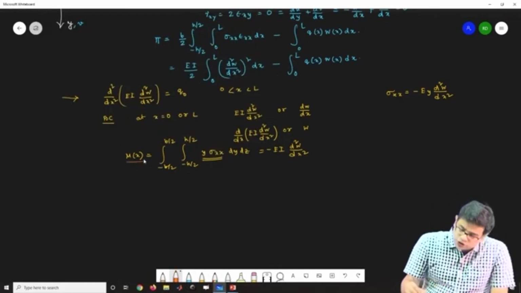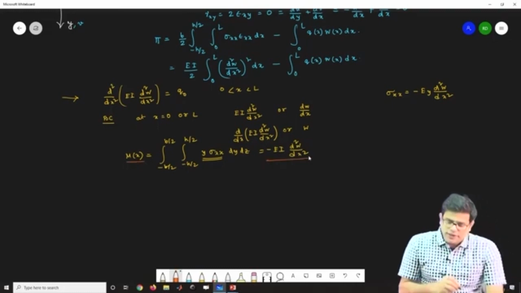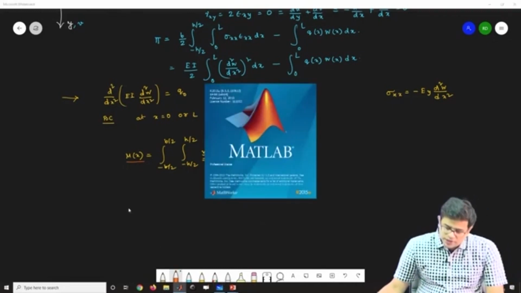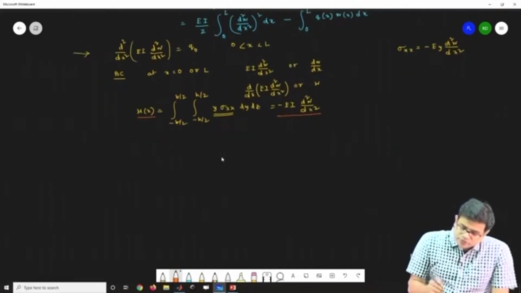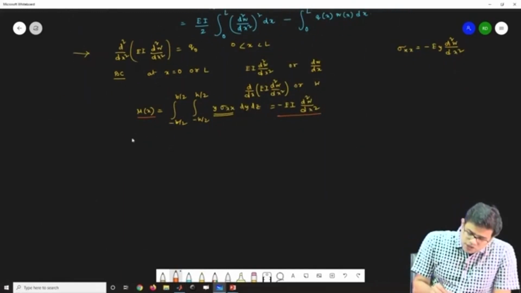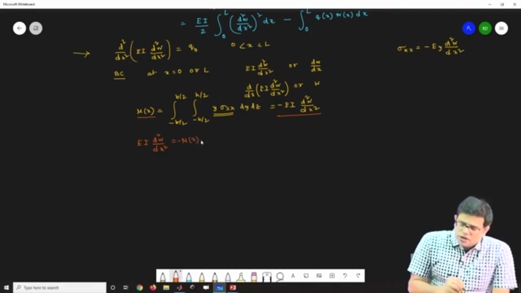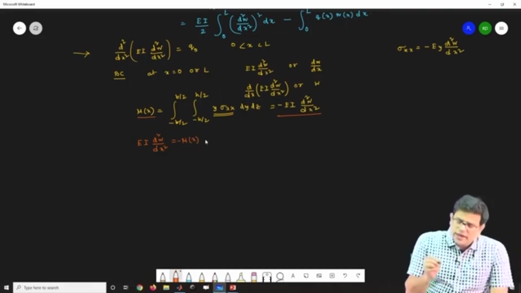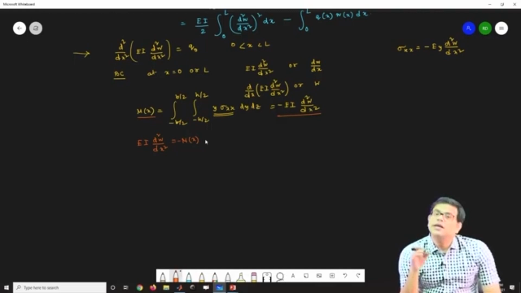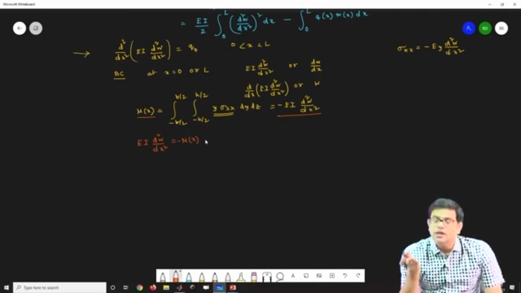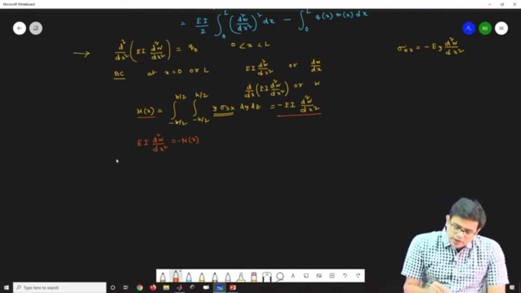Sometimes I can write the beam equation as EI d2w by dx2 equals minus M(x). This equation with a boundary condition on displacement I can also discretize with the finite element method, but this is not a standard practice because there is some problem with this that we'll see.